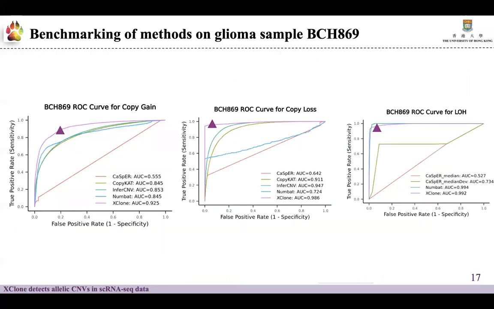Compared with the ground truth, the single-cell RNA sequencing copy number variation calling results by XClone are quite accurate and comprehensive. XClone performed well on the copy gain part, the copy loss part, and the loss of heterozygosity part.